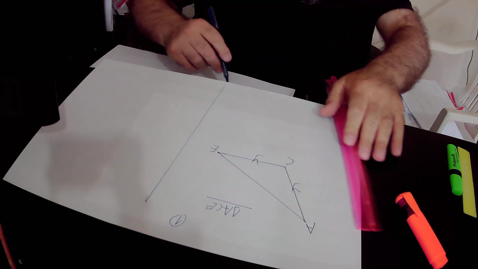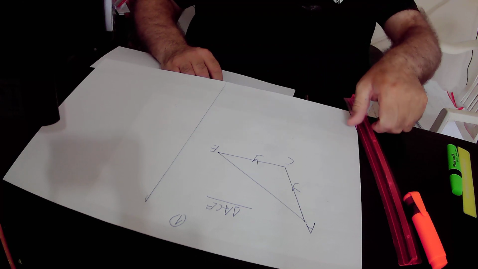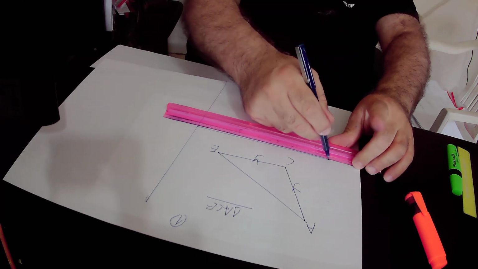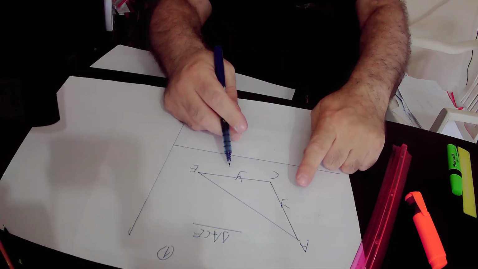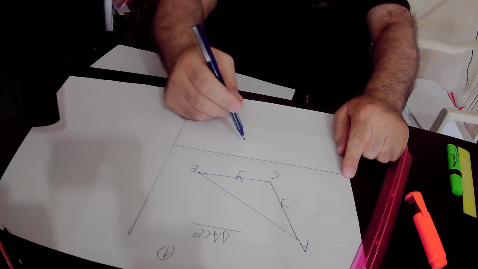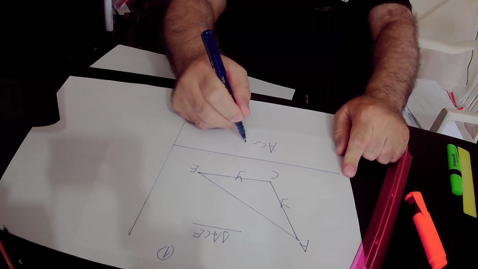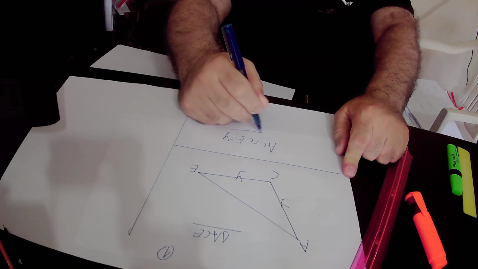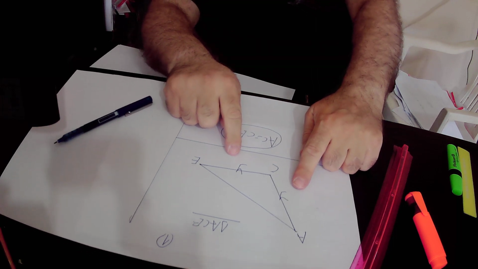As I've already mentioned before, side AC equals side CE. Both sides are equal to y, therefore they are equal to each other. So those two sides are equal to each other.